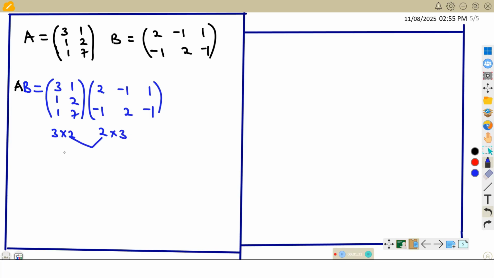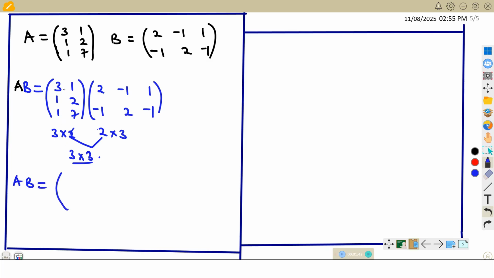So here we shall see that this product can be defined because the number of columns here are equal to the number of rows here. So for that case, we expect to have the result, which is a 3 by 3 matrix.